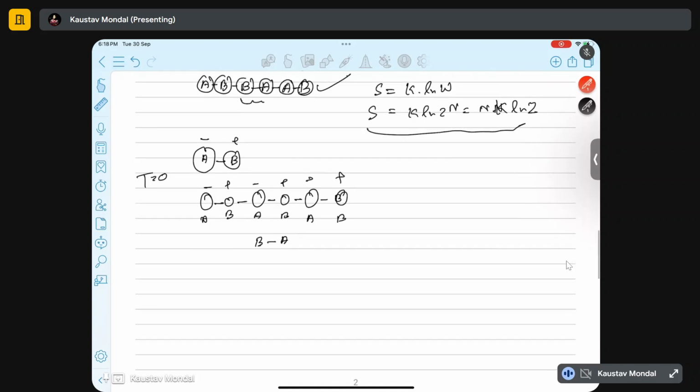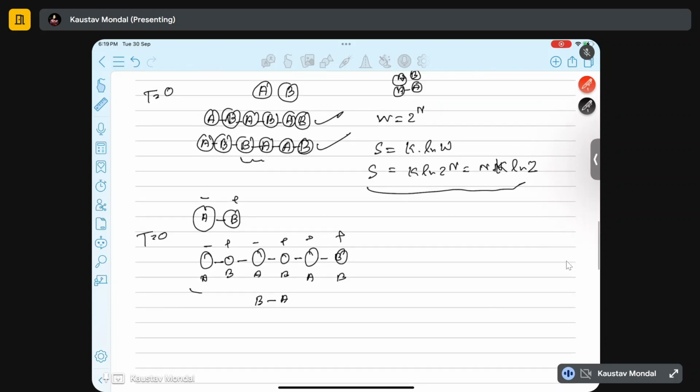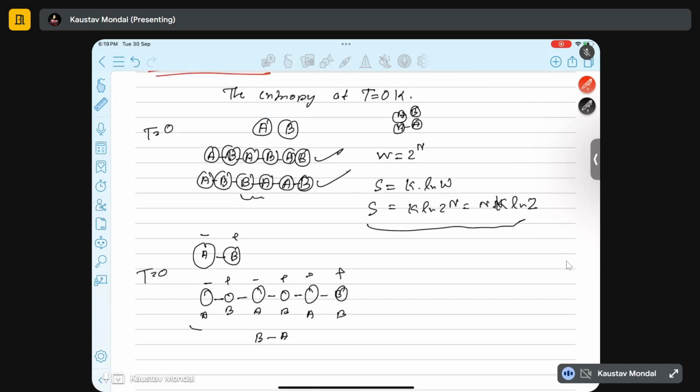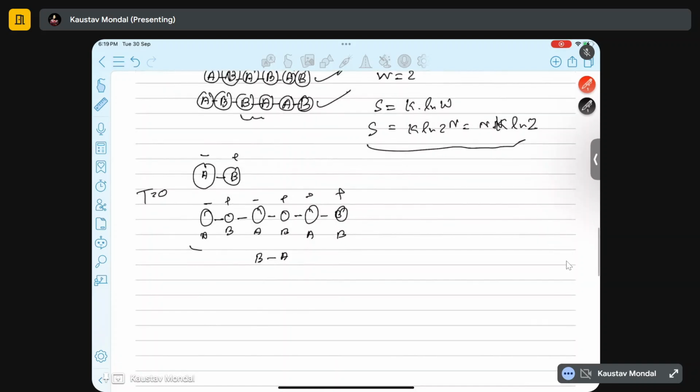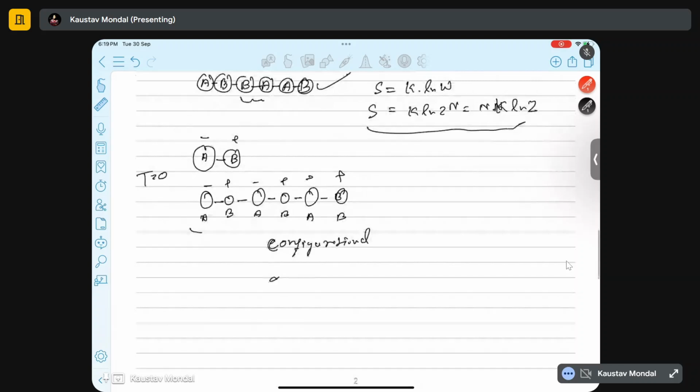So in this kind of system, the configurational entropy that I've discussed in our previous system, where A and B molecules are exactly similar, is not true in this kind of polarized molecule, where A has a higher electronegativity compared to B, right? So configurational disorder is not possible.